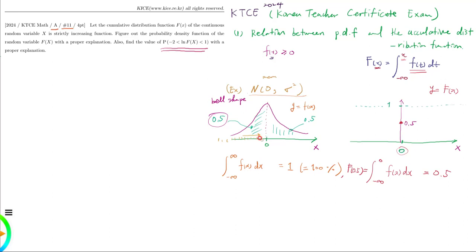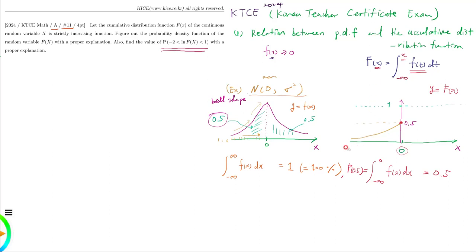As x approaches 0 from negative values, the value of probability increases, so the speed of increment is increasing here, so it's concave down.